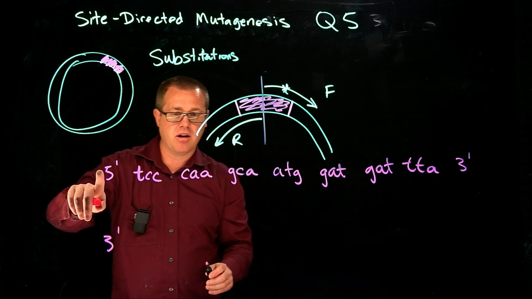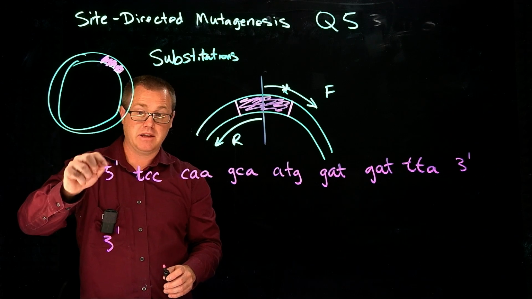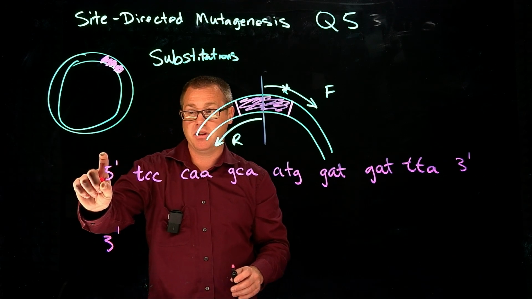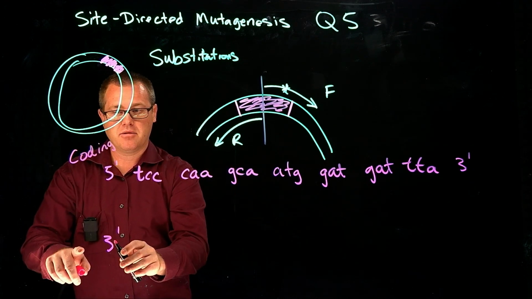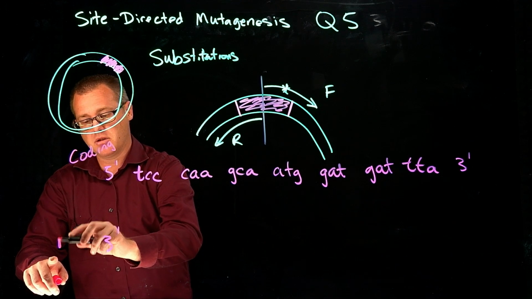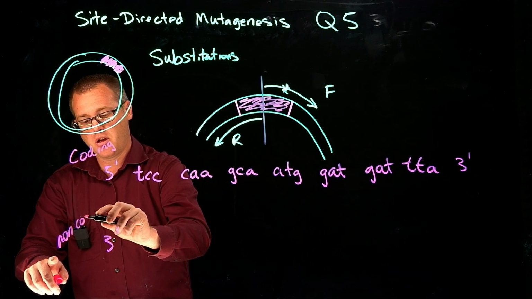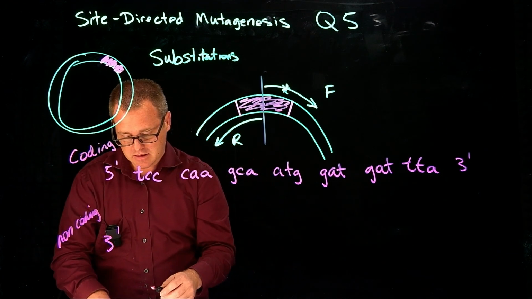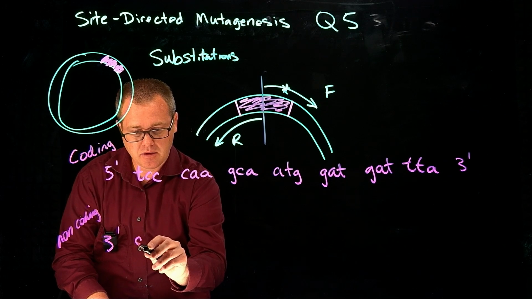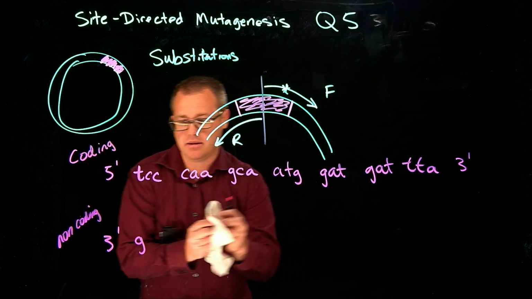So our 5' part, or this top strand right here, is going to be the coding strand. And the 3' strand here is going to be our non-coding. And so that would have to be not that.